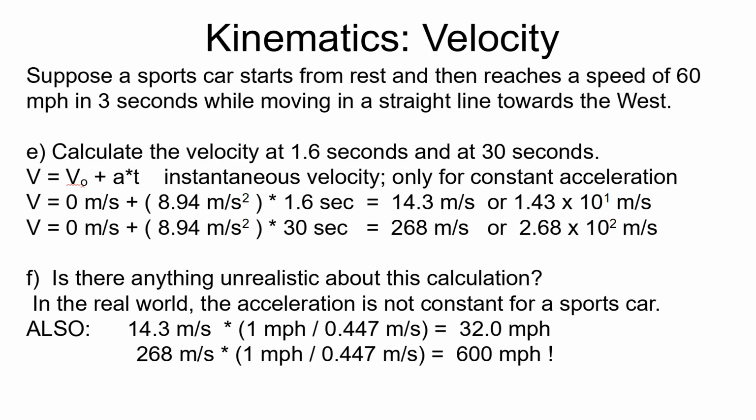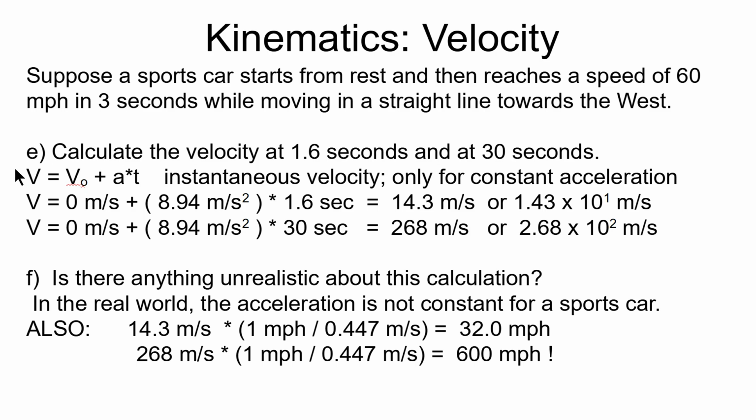What about the velocity? Let's calculate the velocity at 1.6 seconds and at 30 seconds. The 1.6 second number is inside this 3 second number. The 30 seconds, oh, that's quite a ways into the motion. Let's see what happens. Well, we might think to use the first kinematic equation.